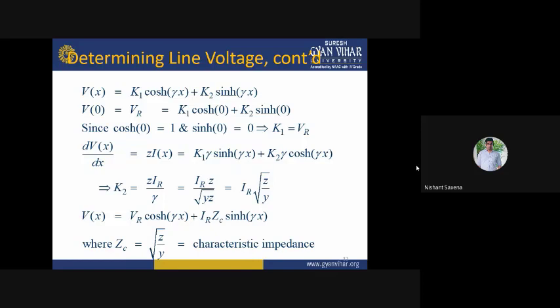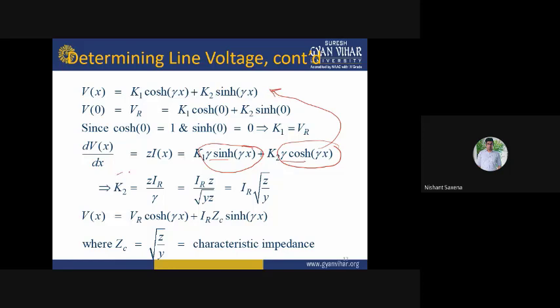When we do the first order differentiation, we know that dV/dx is equal to Z into Ix. So when I substitute into this equation, Z Ix is equal to K1 gamma sine hyperbolic gamma x plus K2 gamma cos hyperbolic gamma x. This is the differentiation of cos hyperbolic, and this is the differentiation of sine hyperbolic of this equation.